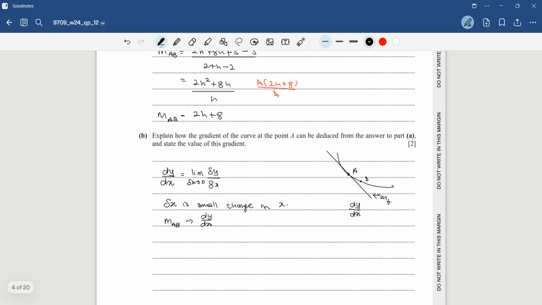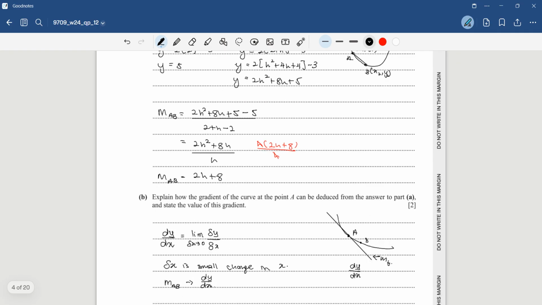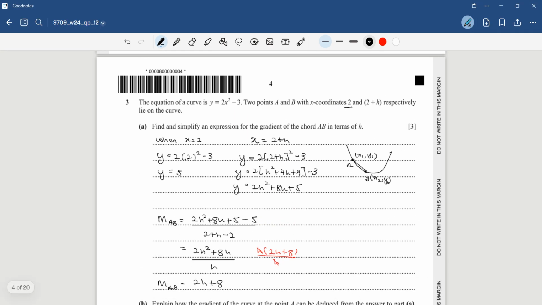Therefore, my h is actually a small change in my x. Why? Because if you notice here, they said 2 becomes 2 plus h.